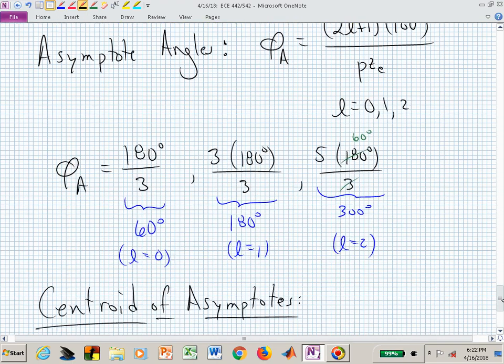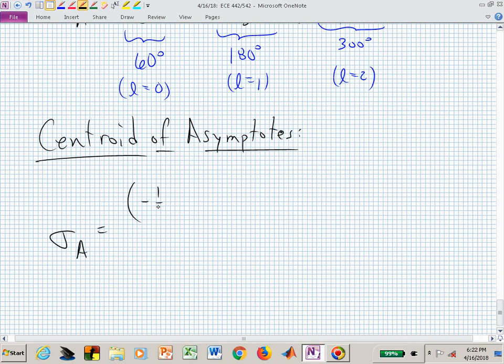Or now we can say that we have minus 1/2 plus 3/4 plus 1 minus nothing, divided by the pole zero excess, which is 3.